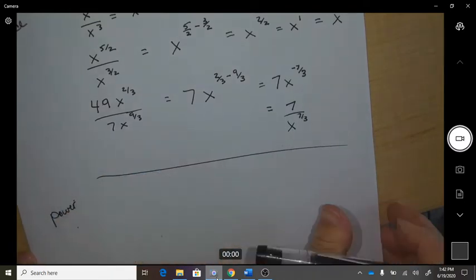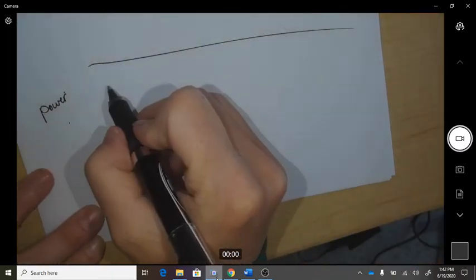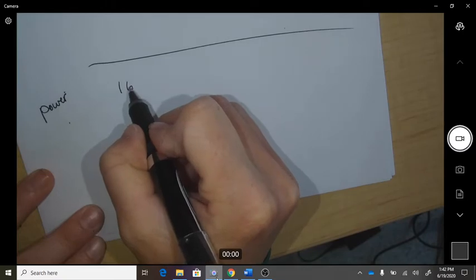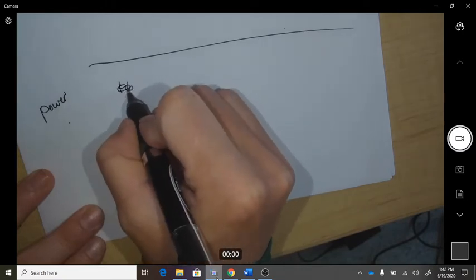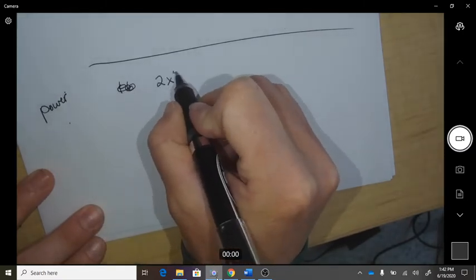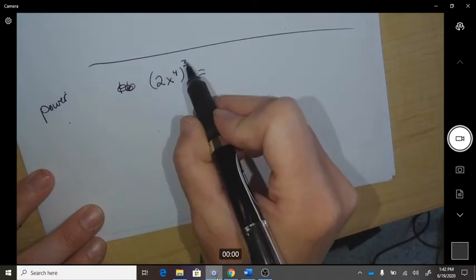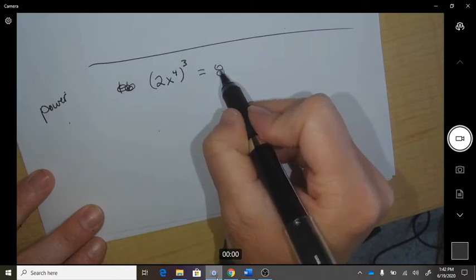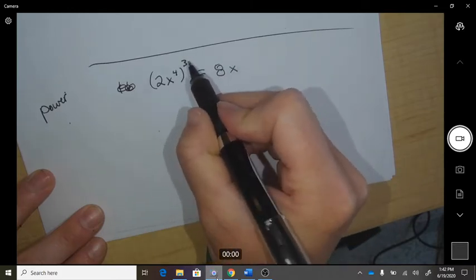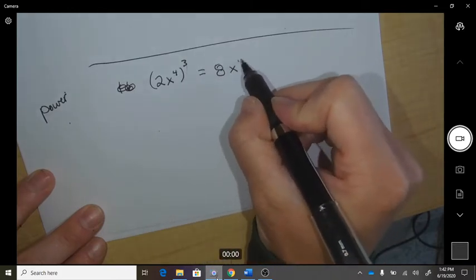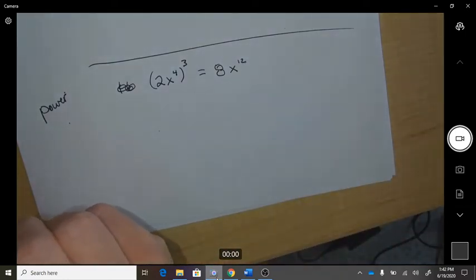Okay, and the power rule. So if you recall, I'll do 2x to the 4th and then cubed. So I have to cube 2, which is 8. And then the exponent to the exponent there becomes 12 because you multiply.